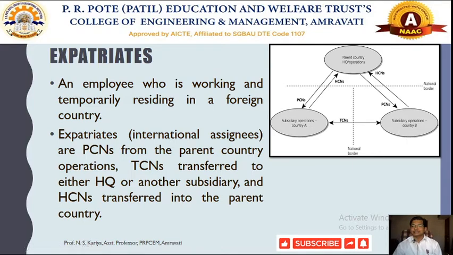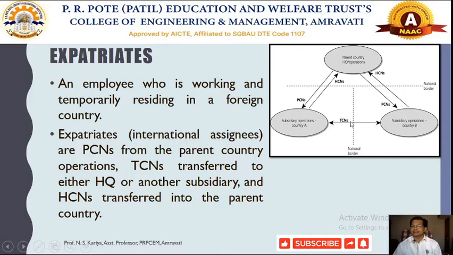If the company has any particular trained employees, suppose one of the employees from the parent company has obtained training and has been located in country A, and say some incident has happened in country B, that employee can be transferred to country B for a limited period of time.